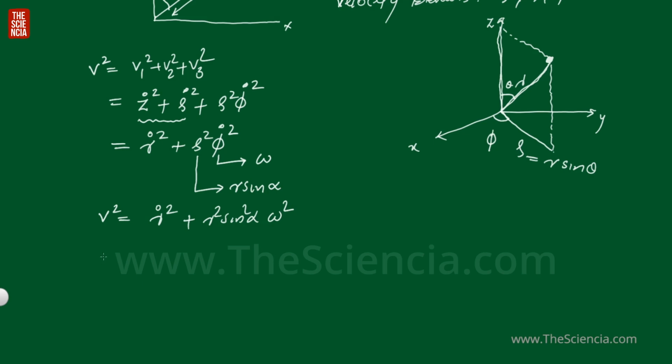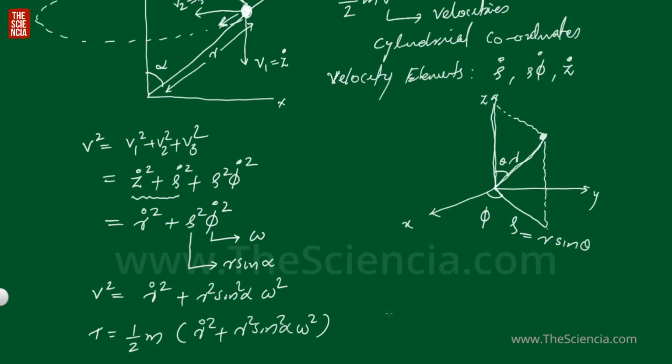So what will be the kinetic energy? T will be equal to 1 by 2 m times r dot square plus r square sine square alpha omega square. And what is the potential here? That is equal to mgz. So you got the Lagrangian, L equal to T minus V.